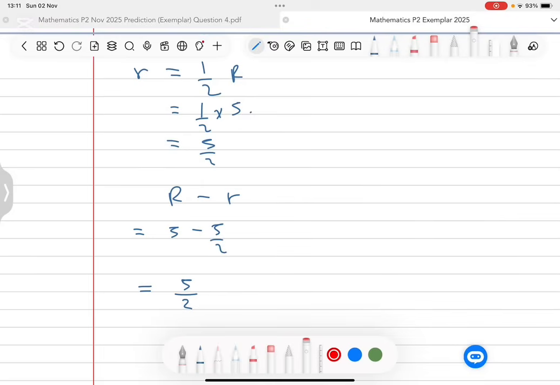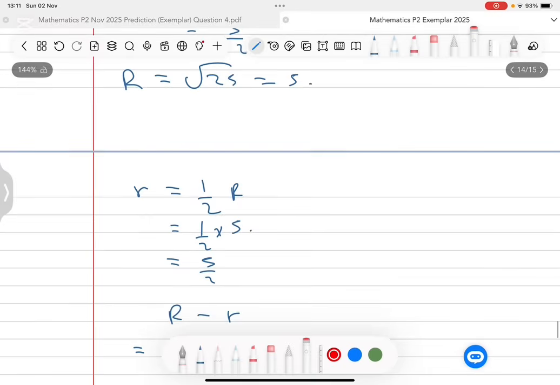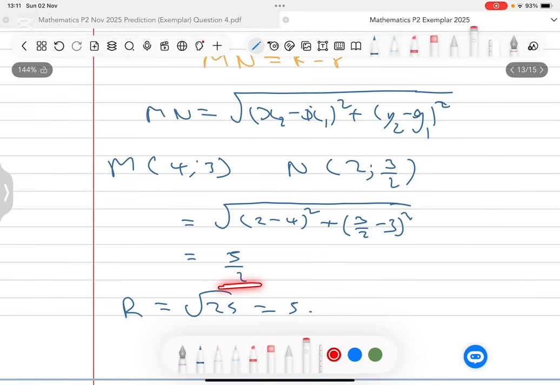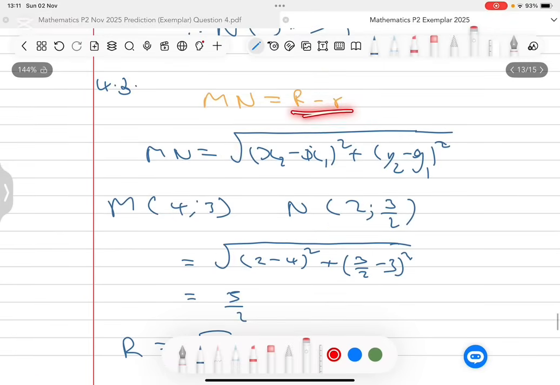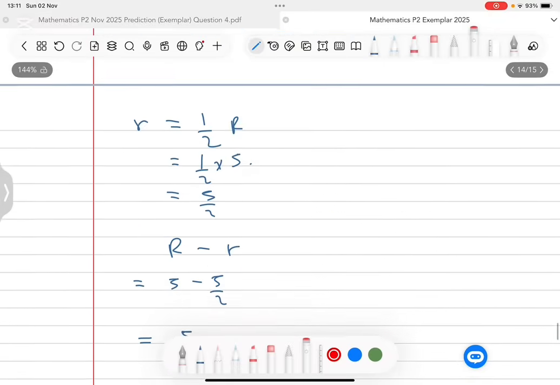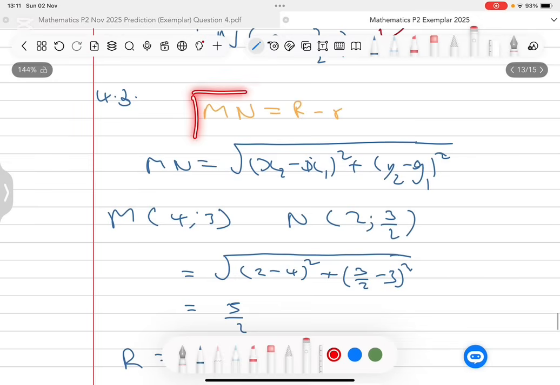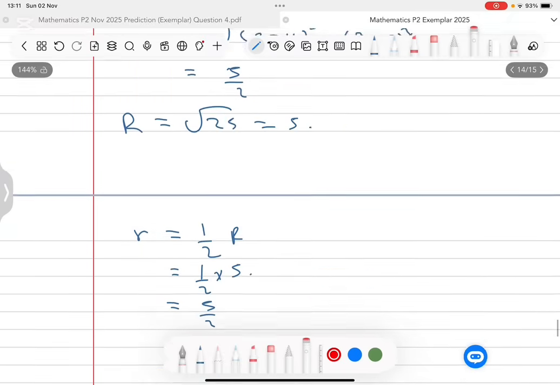Now, at this stage, you have to notice the relationship we're talking about here. Our mn is given by 5 over 2, and our R minus r is also given by 5 over 2. So these two are equal. So we have met this condition. It means these two circles must touch internally.